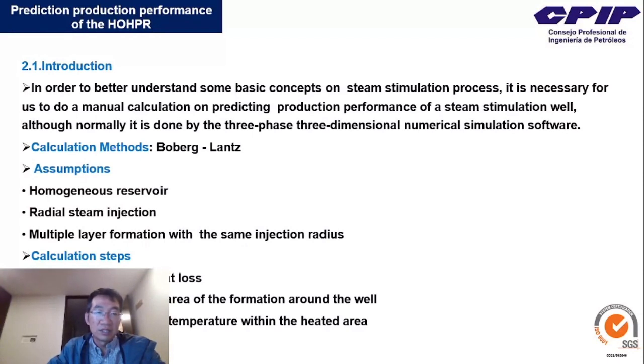Calculation steps. The first one is calculating the variable heat loss, and the second one is calculating the heating area of the formation around the well, and calculating the average temperature within the heated area.